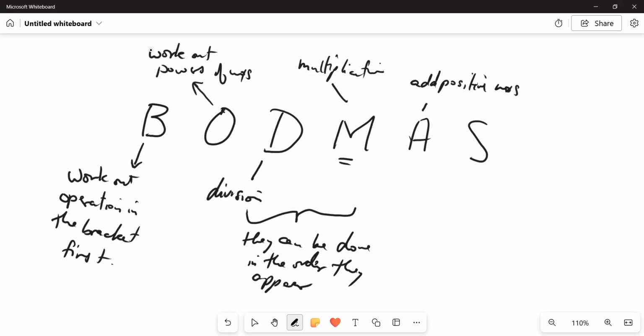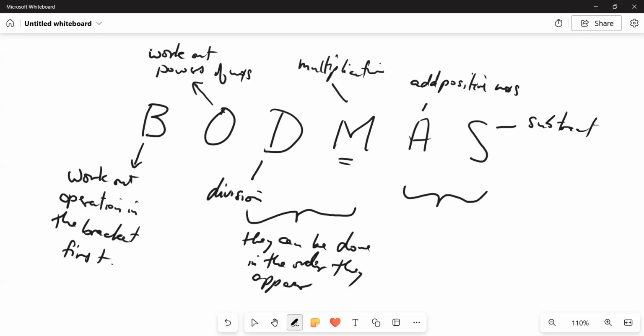Add positive numbers, not just add. I'll show you again why I'm saying this. And lastly, subtract, right? However, these two operations, like division and multiplication, can be done in the order in which they appear, right?